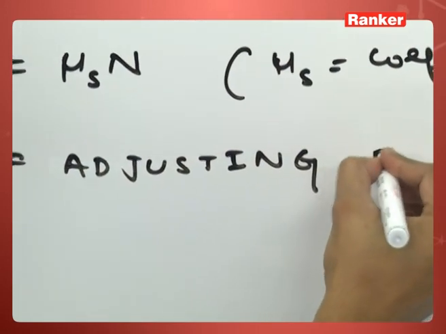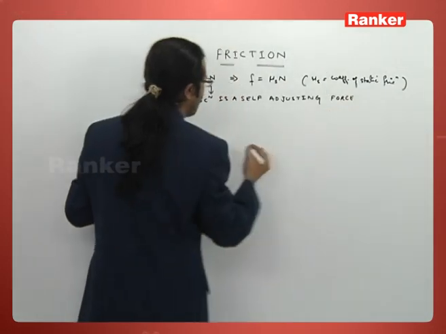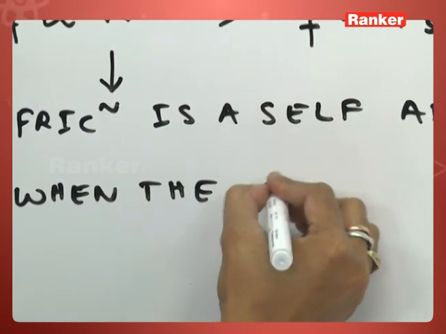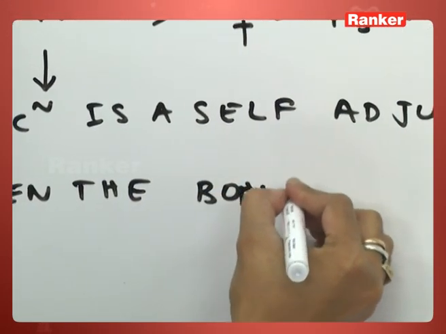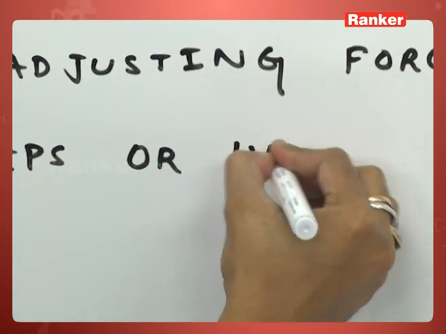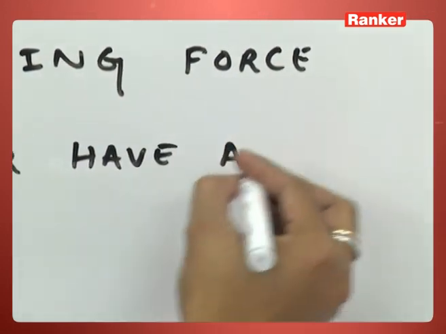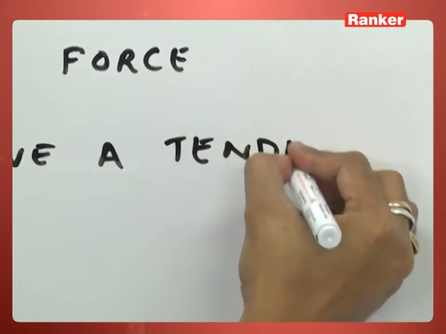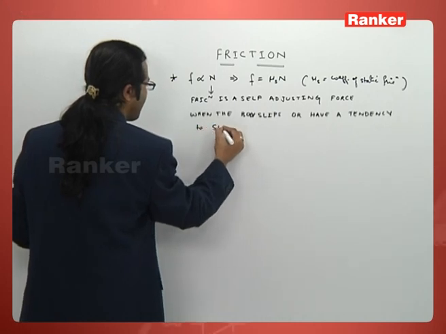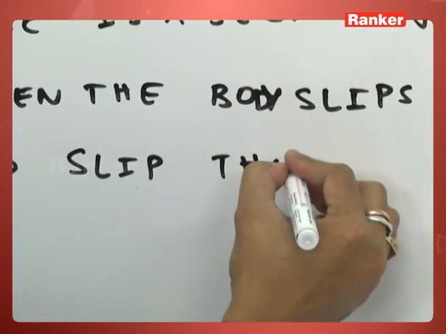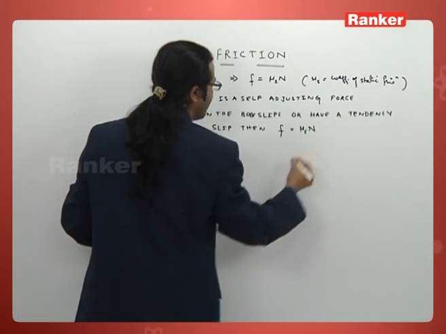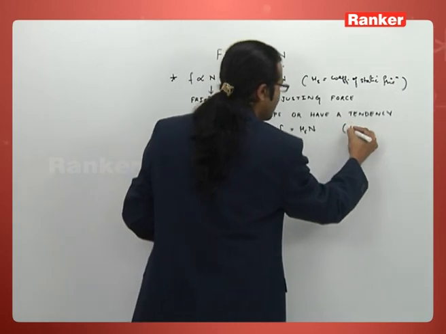When the body slips or has a tendency to slip, then F equals mu s into N, where N is the normal force.